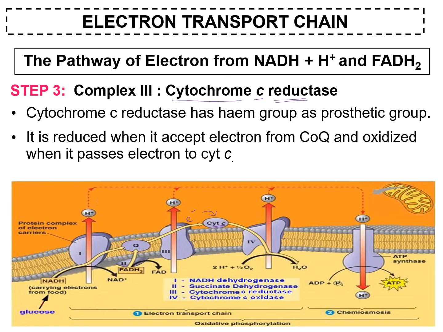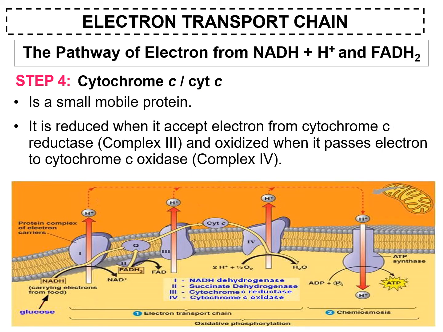Cytochrome C reductase has heme group as prosthetic group, so it can accept electron from the coenzyme Q and then oxidize when it passes electron to the cytochrome C. Cytochrome C is also a mobile carrier, but it is a protein type, while ubiquinone is a lipid type. So cytochrome C will be reduced when it accepts electron from the cytochrome C reductase or complex 3. Then it will pass the electron to cytochrome C oxidase.